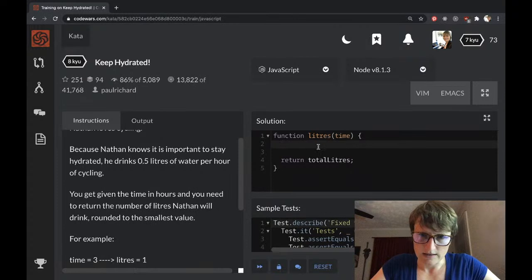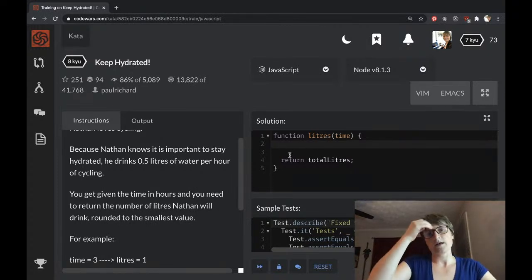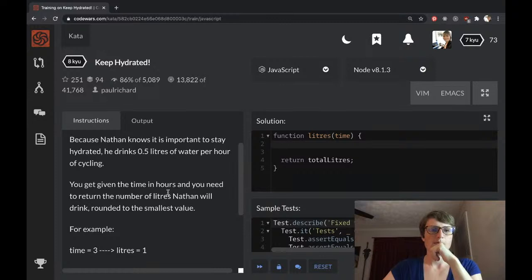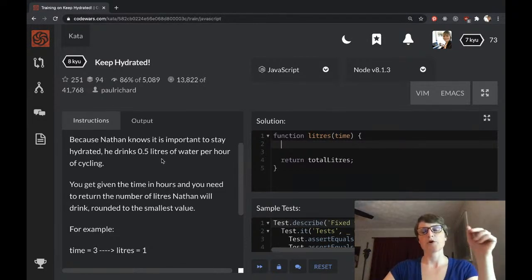So I've got time, and I'm going to multiply time by 0.5, right? So if I have 3 hours, no. He drinks half a liter per hour. So he's going to drink a liter per 2 hours.